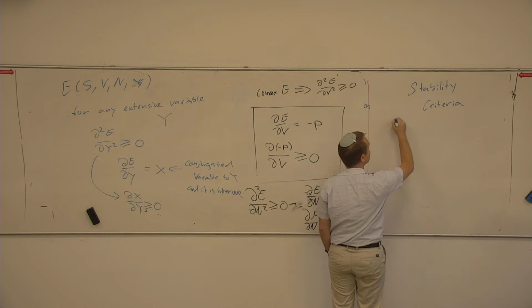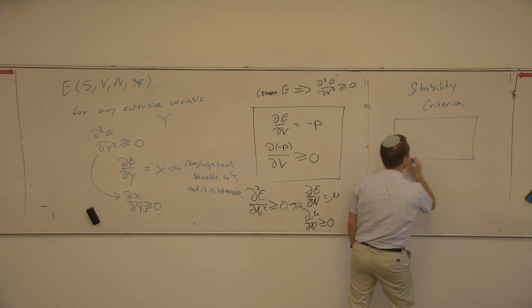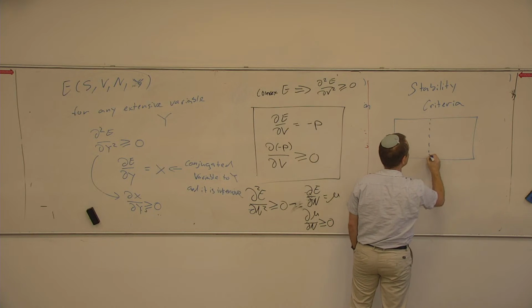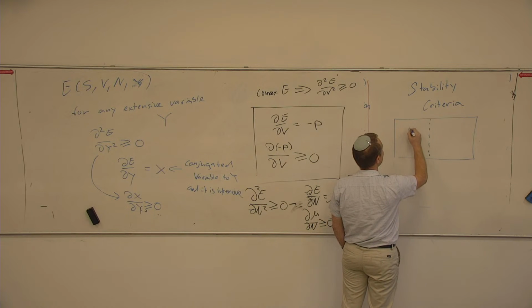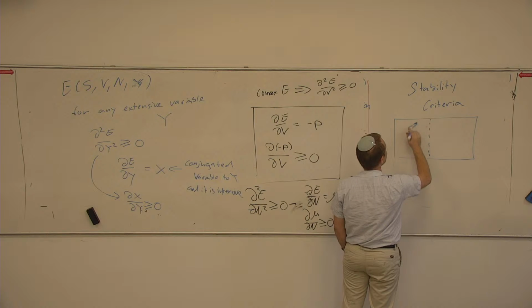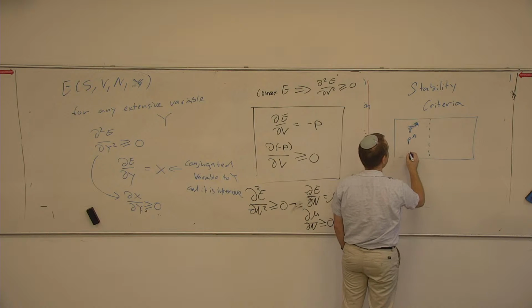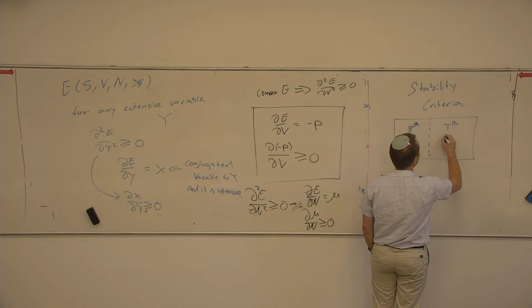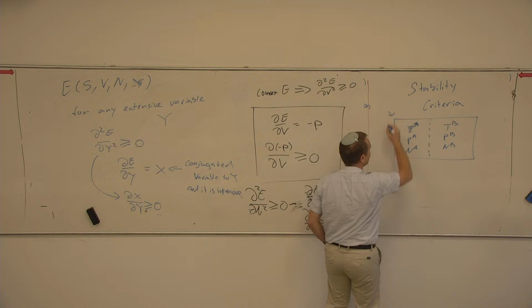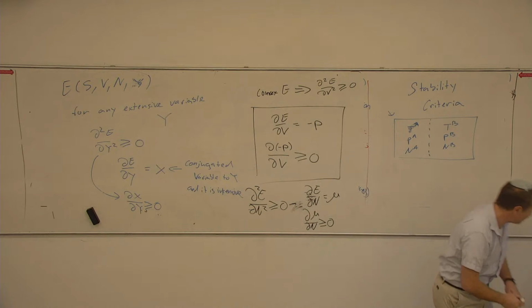What is stability criteria? It is that if we have two systems, first of all, we have TA, and we have PA, and what else? NA, as here it's TB and PB and NB, and those systems are in equilibrium.